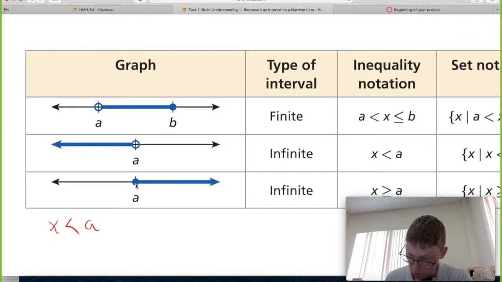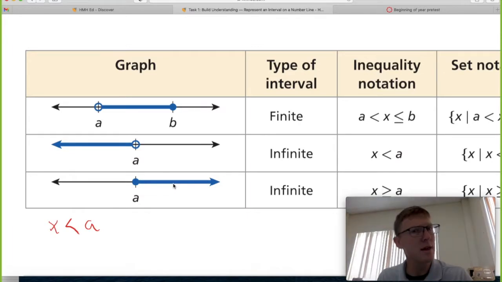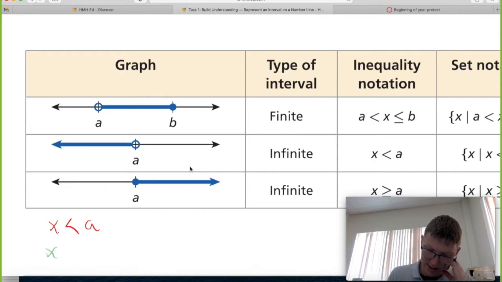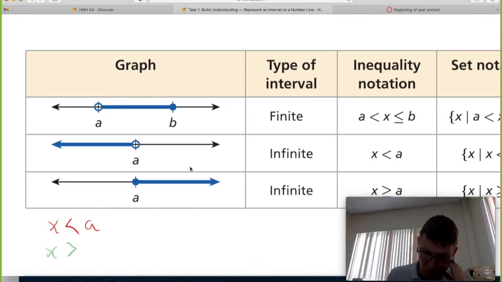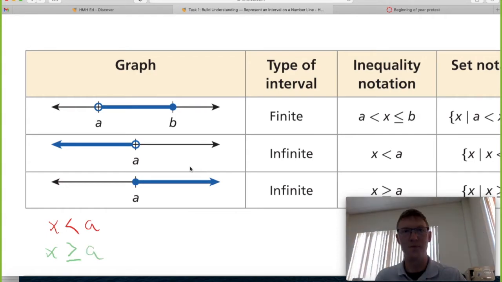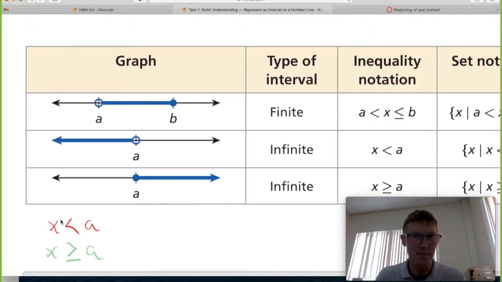We'll do that one in green. So this bottom one here in green, all of our x values are greater than A. But can they be equal to A? Yes, they can. So what symbol would we use? It'd be x is greater than or equal to A. So again, hopefully you have seen these things before, but this is how you would write it in inequality notation.